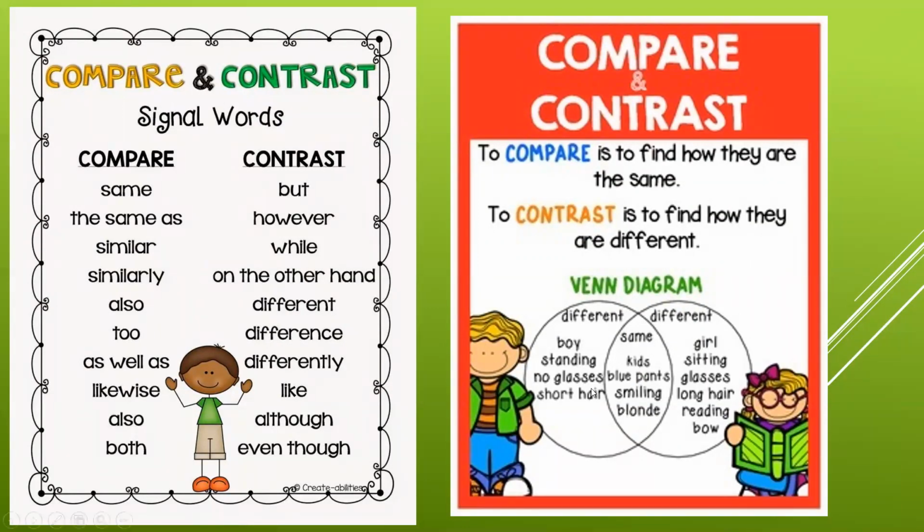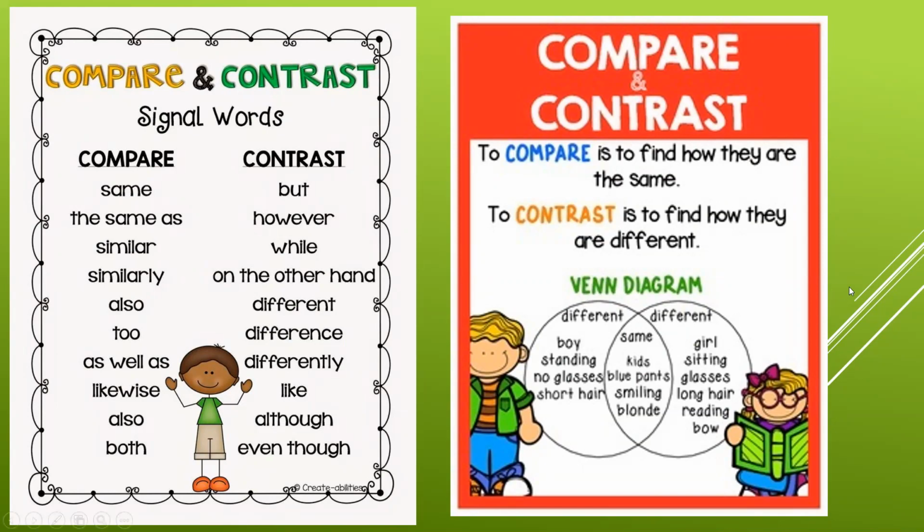So when we are comparing, we can use these words like same, alike, both, similar, also, too, as well as. When you are going to compare between two things or more than two, we will find how are these things the same? Okay, so compare means how the things are the same.